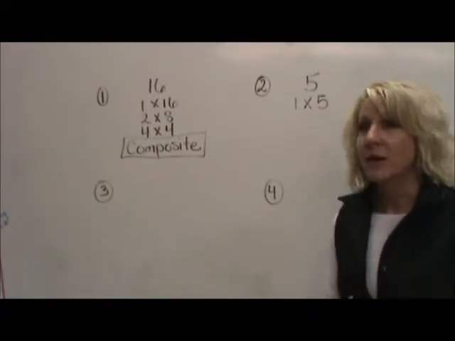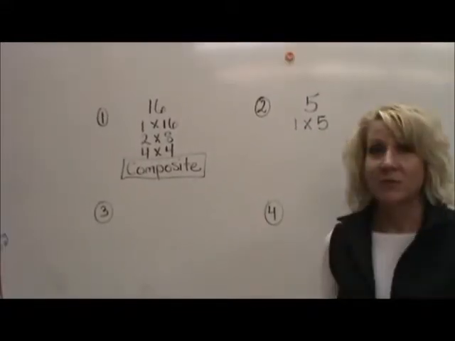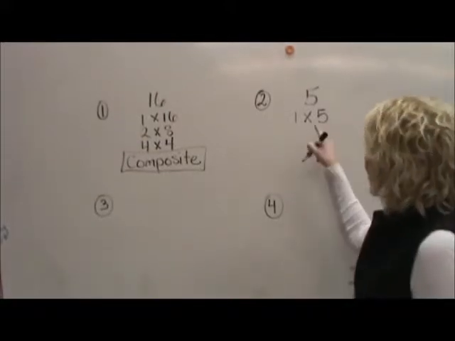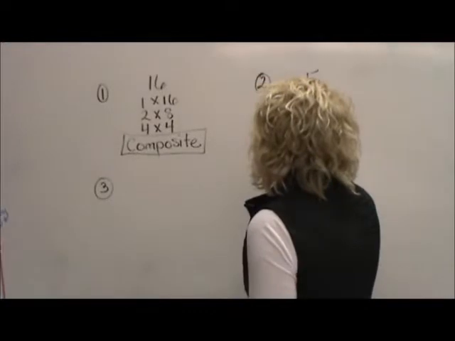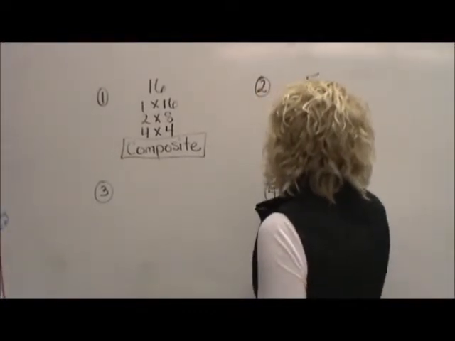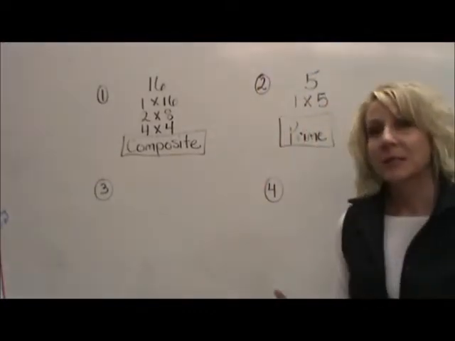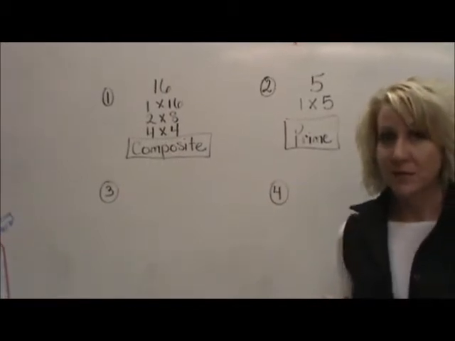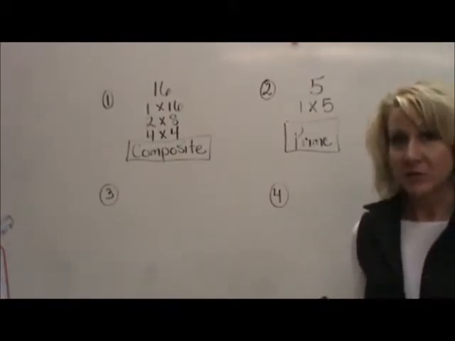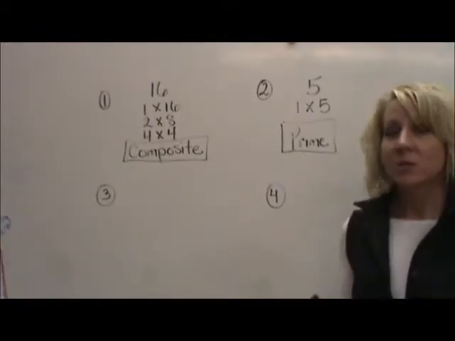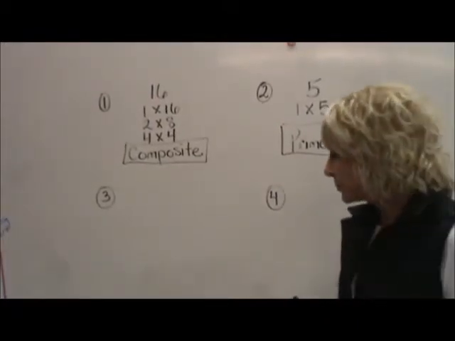Yes, 5 times 1. But we already have that here. And so this number is a prime number. It is a prime number because the only way to create the number 5 is to multiply 5 by 1. There are no other factors that can be multiplied together to create the product of 5.